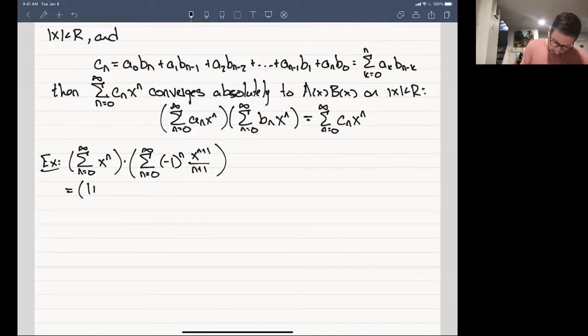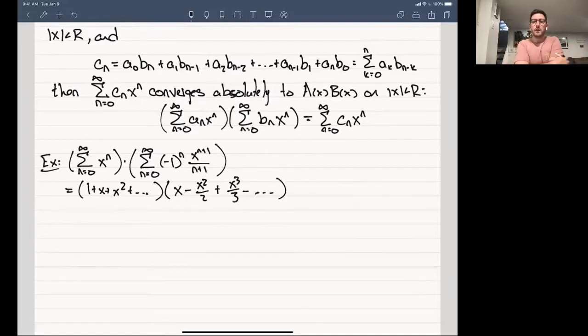So this would be 1 plus x plus x squared, and there are a lot more terms than just that, but I'm going to tuck them into the dot, dot, dot. And the first few terms of this series are x, then minus x squared over 2, then plus x cubed over 3, and so on.